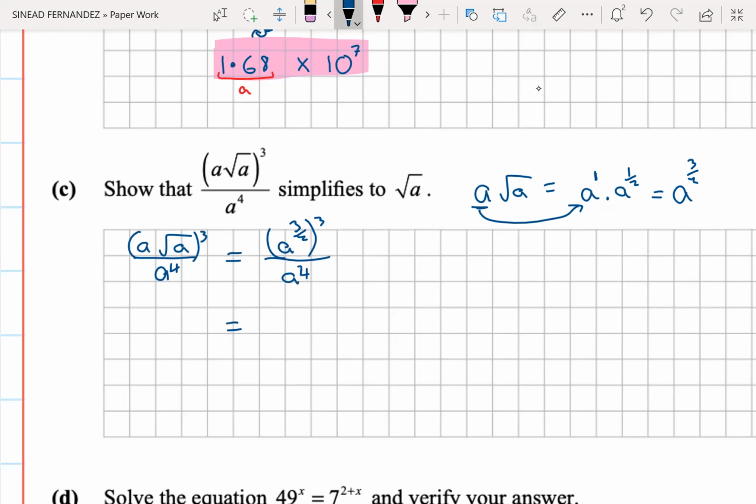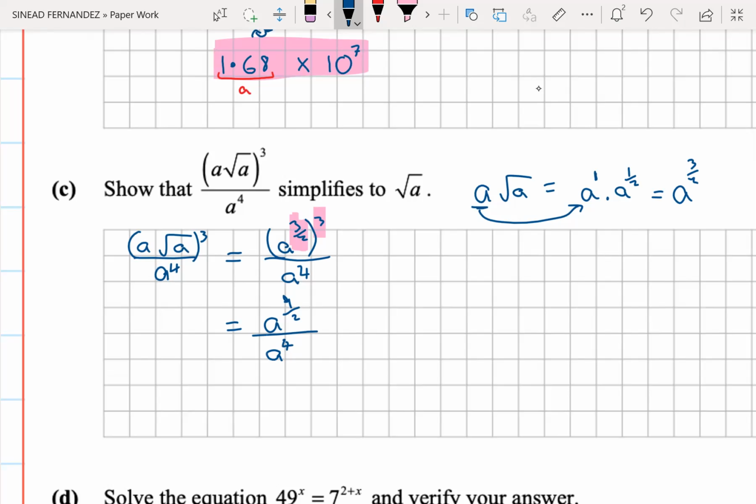Now, that top line can be rewritten. Another law of indices is this: when you have a power outside another power, you multiply. So you end up with 3 multiplied by 3. So you end up with a to the power of 3 by 3 is 9 over 2. Okay, now what we do next is law of indices 2, when you're dividing.